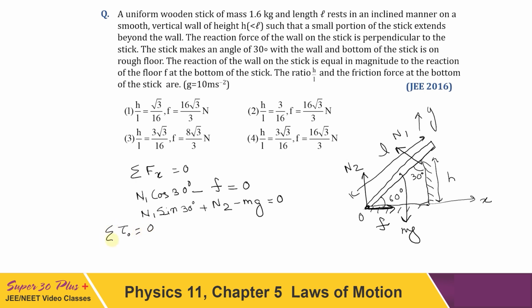For the weight, it is Mg (L by 2) cos 60 degrees minus N1 h upon cos 30 degrees, and that should be equal to 0. I haven't written any torque for N2 because N2 is acting at O itself. Friction also is acting at O itself. So there is no need to write the torque for these two forces.